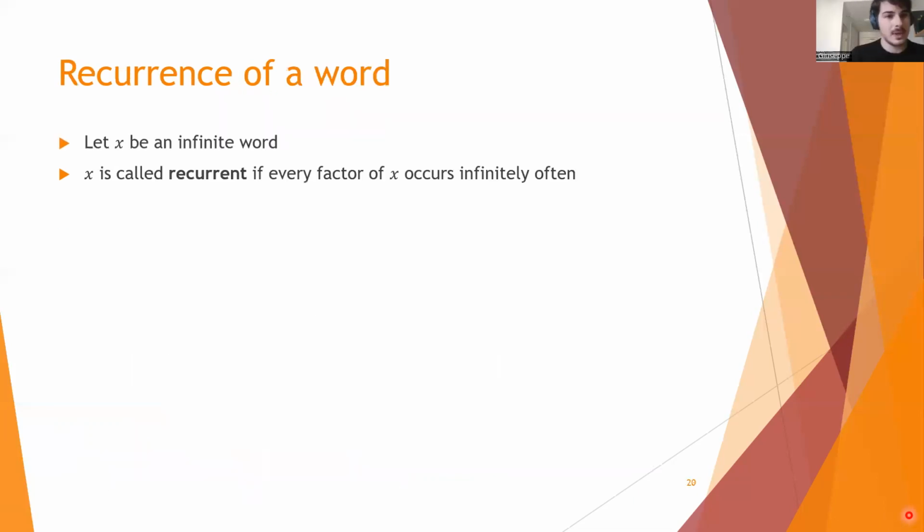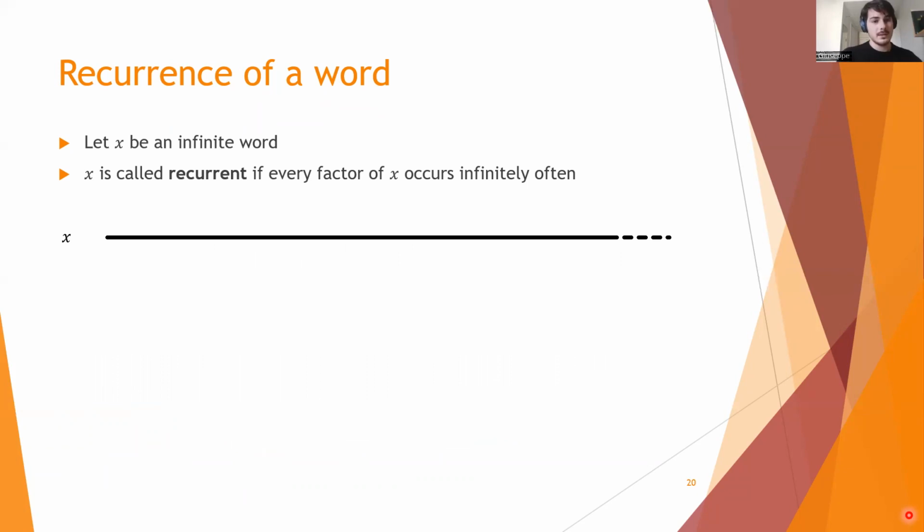Then we consider the recurrence of a word. An infinite word X is called recurrent if every factor of X occurs infinitely often. So for instance, if here we have our infinite word X, we expect that every factor will appear infinitely many times in the word.